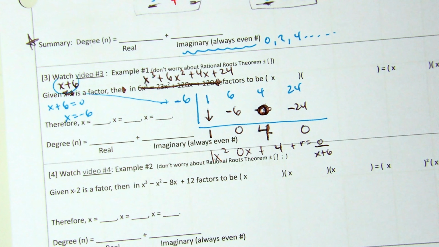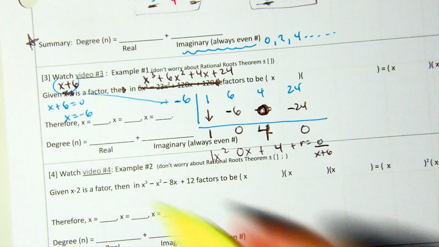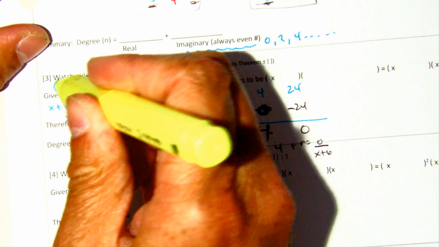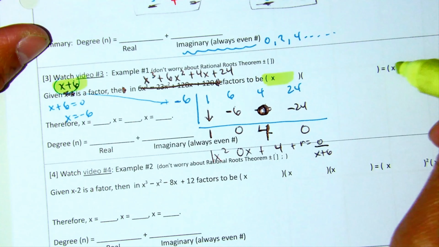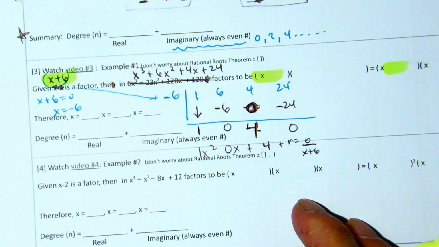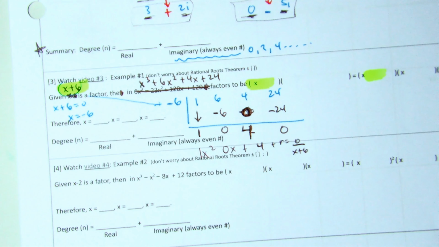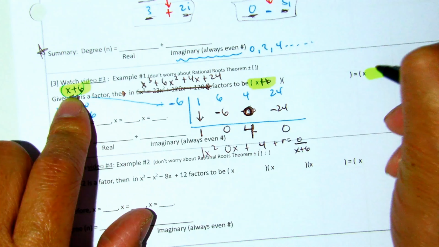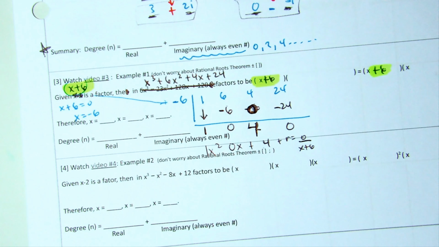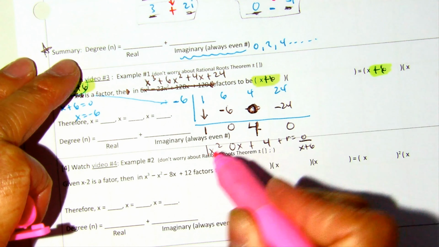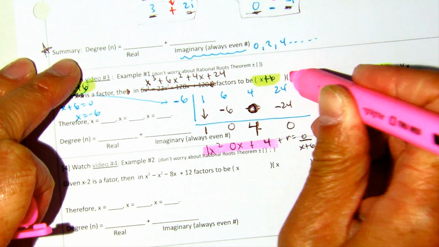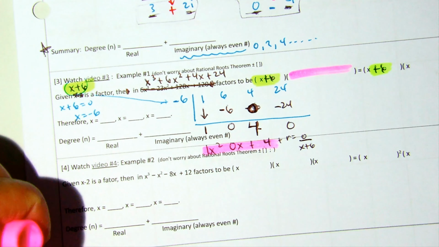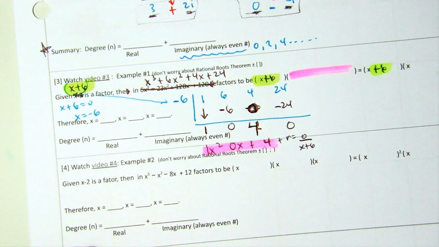So let's review what we got so far. We know that x plus 6 is a factor. I'm going to write that here. X plus 6. My answer is x squared plus 0x plus 4.